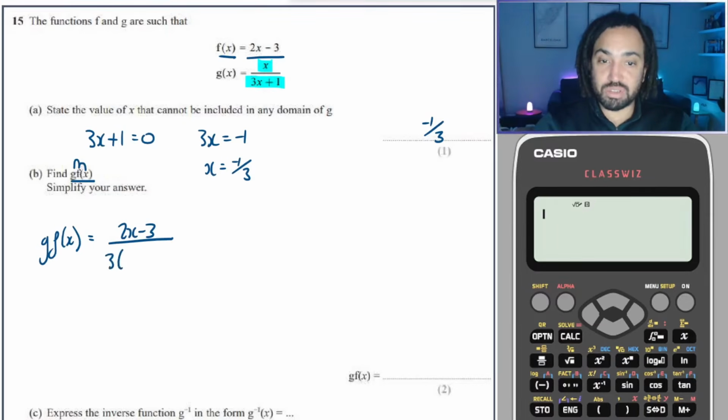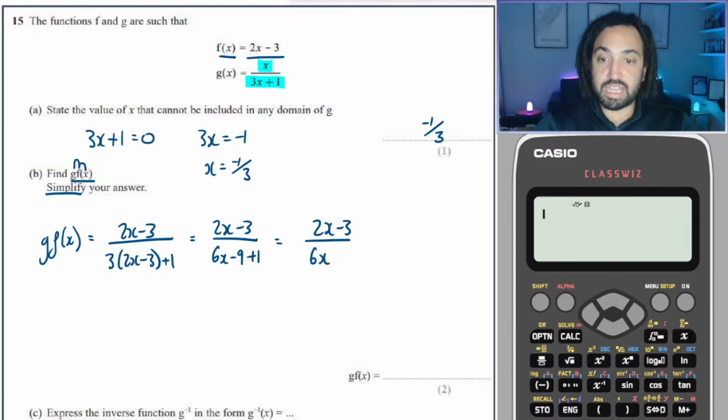So 3 lots of 2x minus 3 plus 1. It does say simplify your answer, so I'm going to expand this out on the bottom to get 2x minus 3 over 6x minus 9 plus 1, which is the same as 2x minus 3 over 6x minus 8.